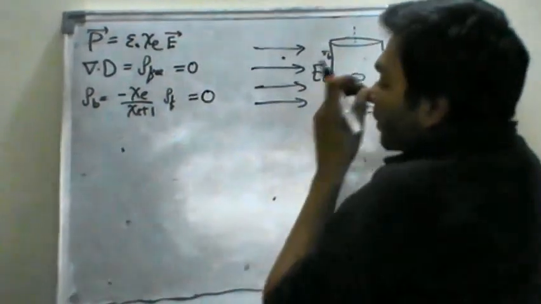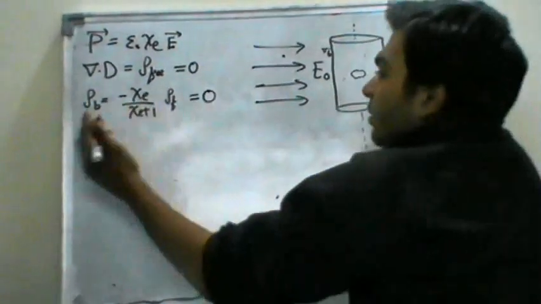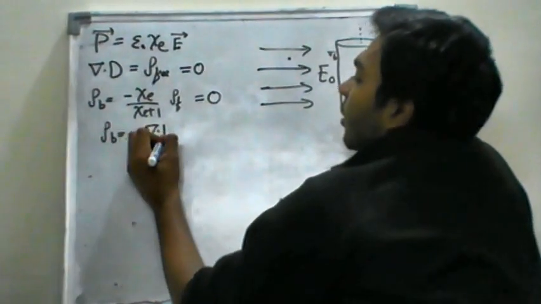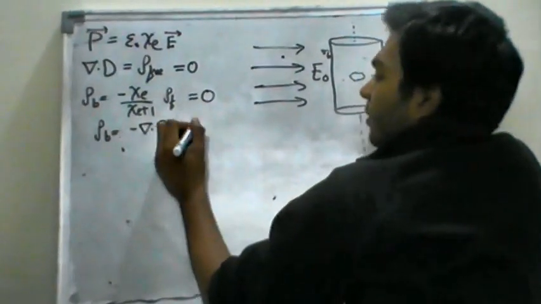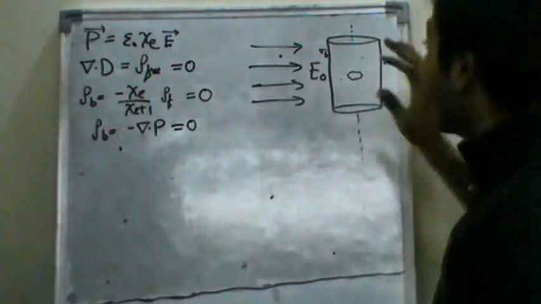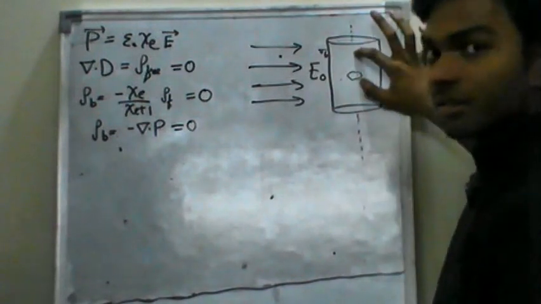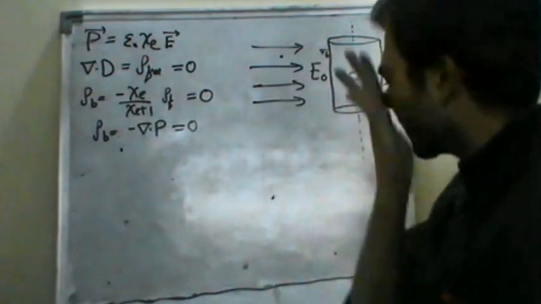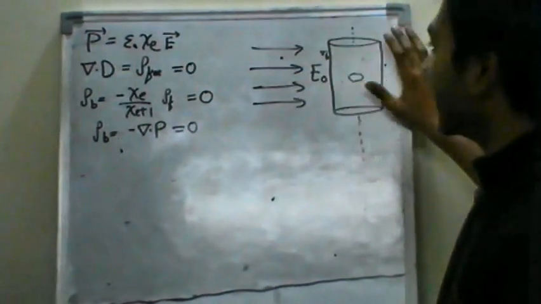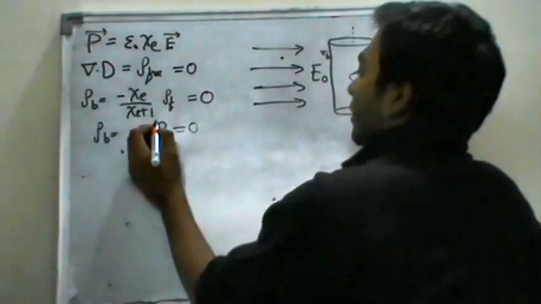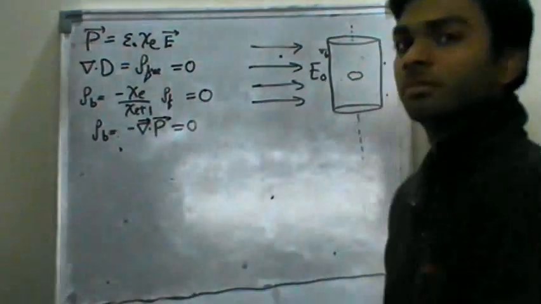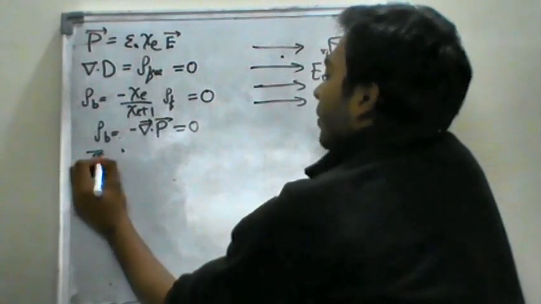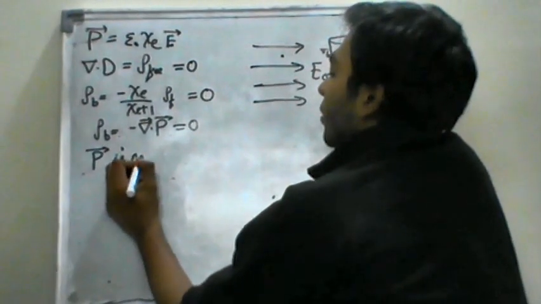We know rho bound is minus del dot P, which is 0, which means everywhere inside this dielectric P has no divergence. So all over this dielectric the vector P is constant. So inside the dielectric P is constant.